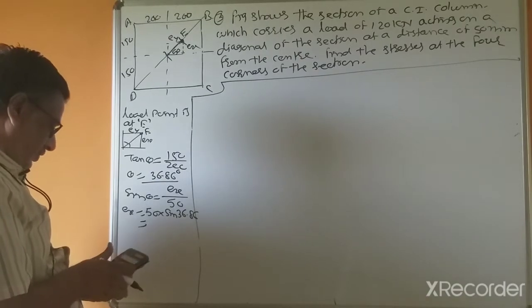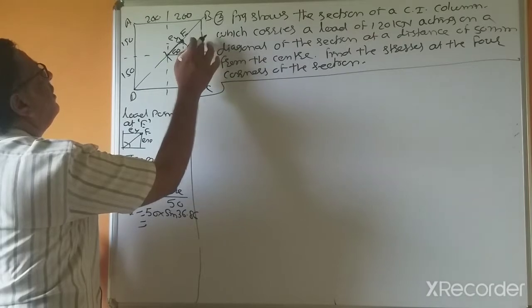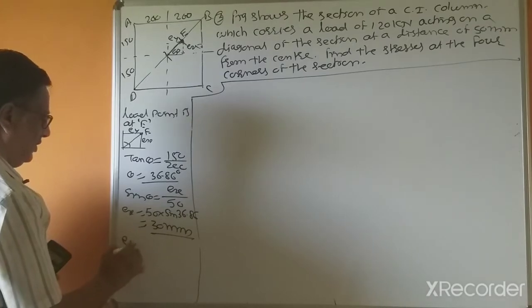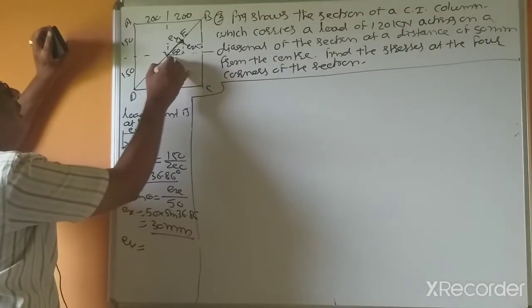Multiplied by 50, this is 30. EX equal to 30 mm.